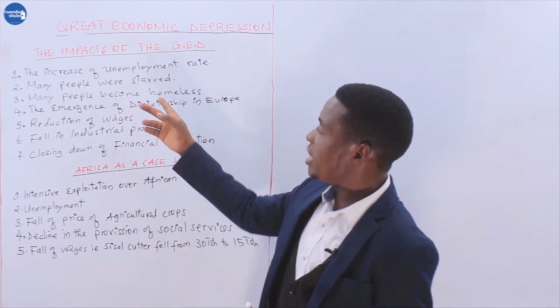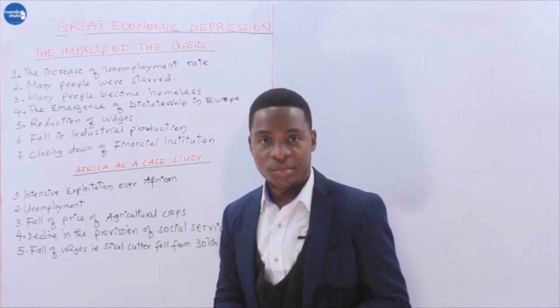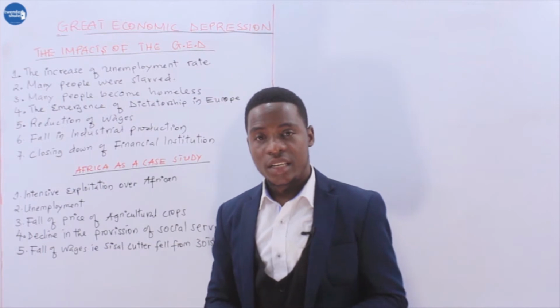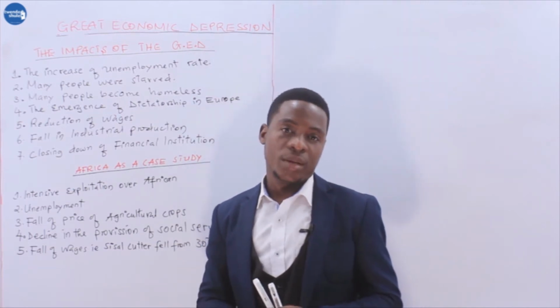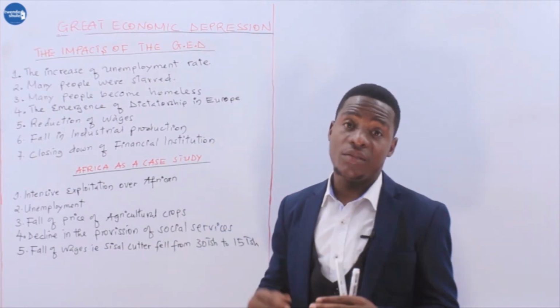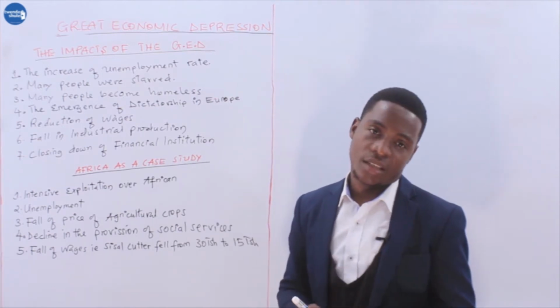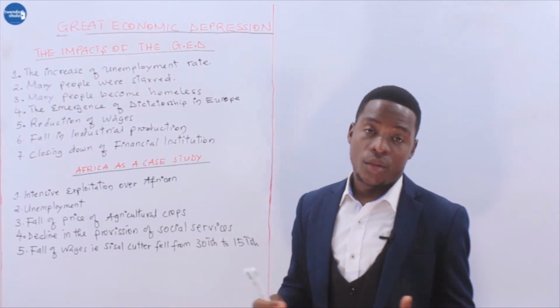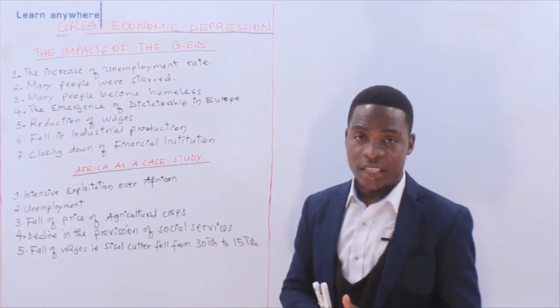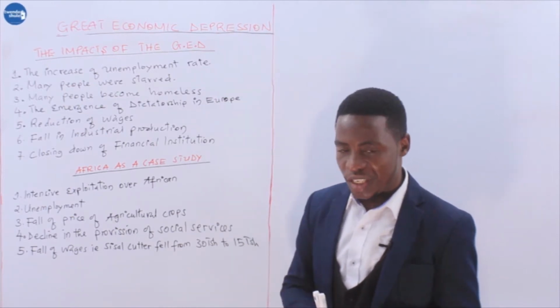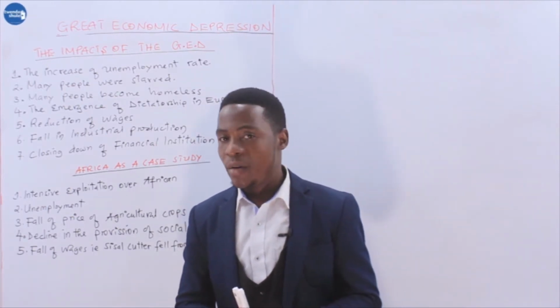First, it led to the increase of unemployment rate. During the boom time, the employment rate was very high. People were employed, those educated and non-educated. But after the Great Economic Depression, there was no employment.